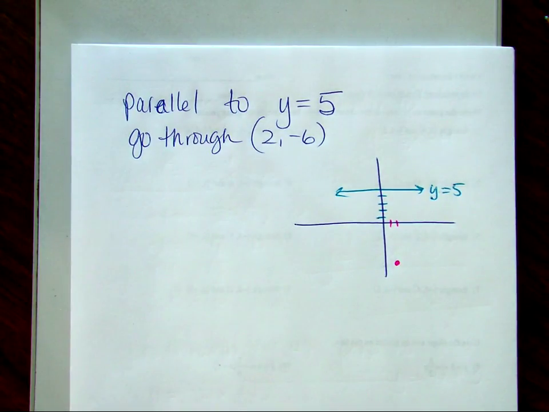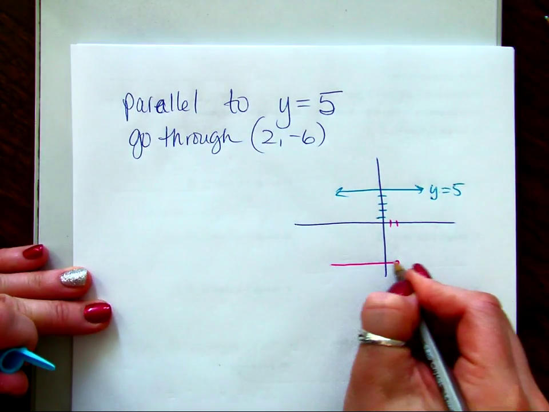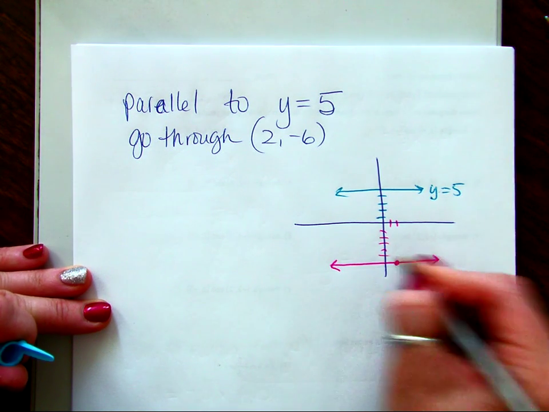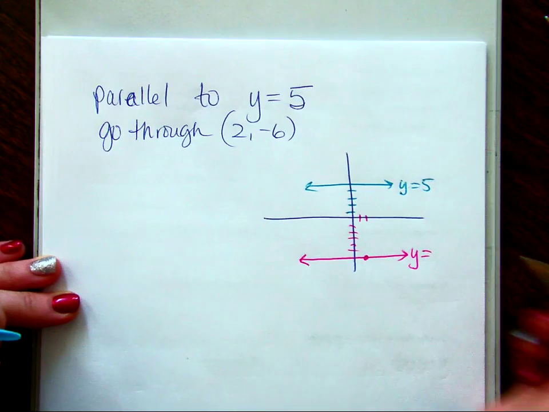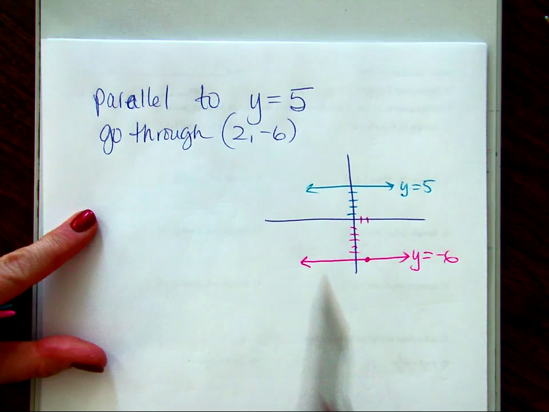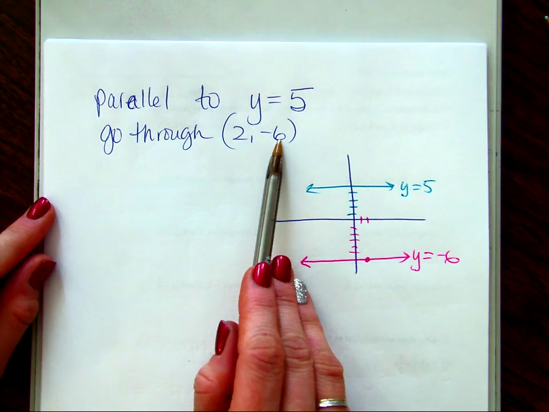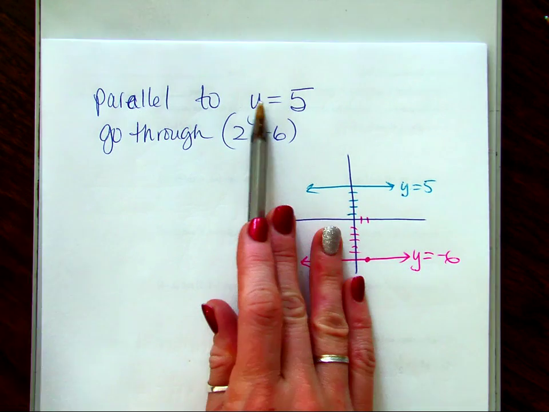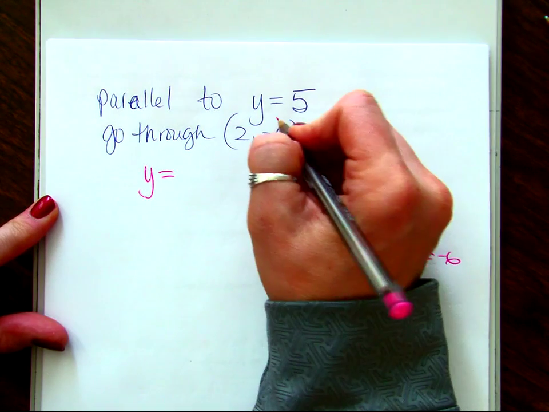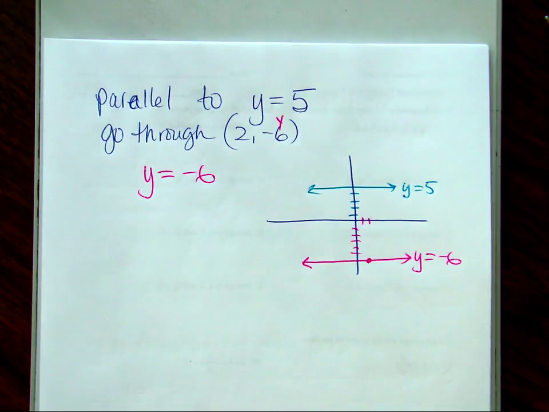So if it's got to stay horizontal and go through that point, what's the name of this line right here? y equals negative 6. Do you have to draw a graph every time? No, you just have to look at the point. What is the y? If you want it parallel, then it's got to be a y equals, so look in the y spot. Done. That's it. That's all you have to do for these.